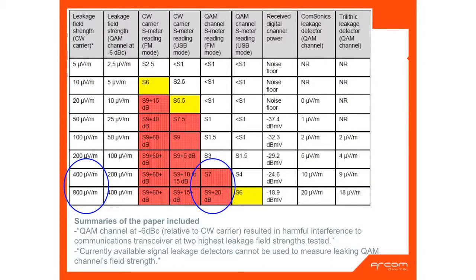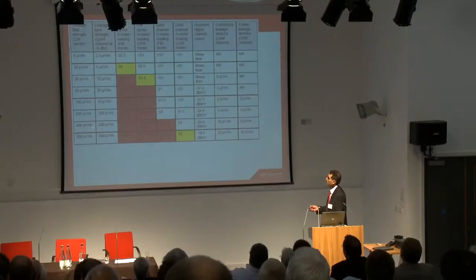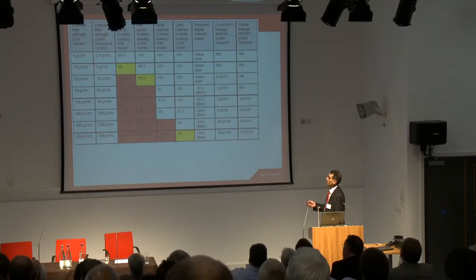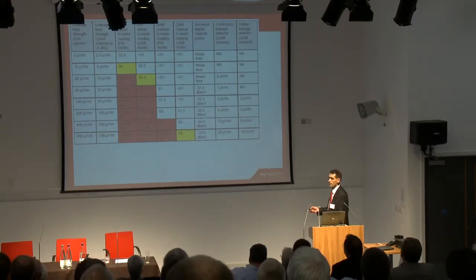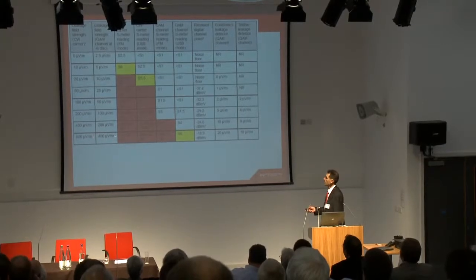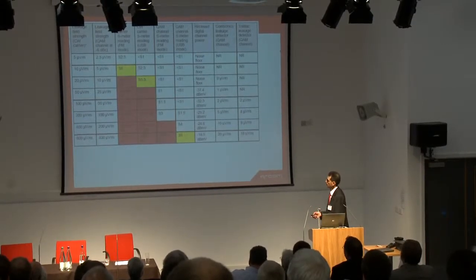As you can see in the left-hand side part of the table, there are the signal levels of eventual leakage signal that is in a CW-like carrier form. Here is the associated level of eventual QAM channel leaking at the same frequency and its expected power.